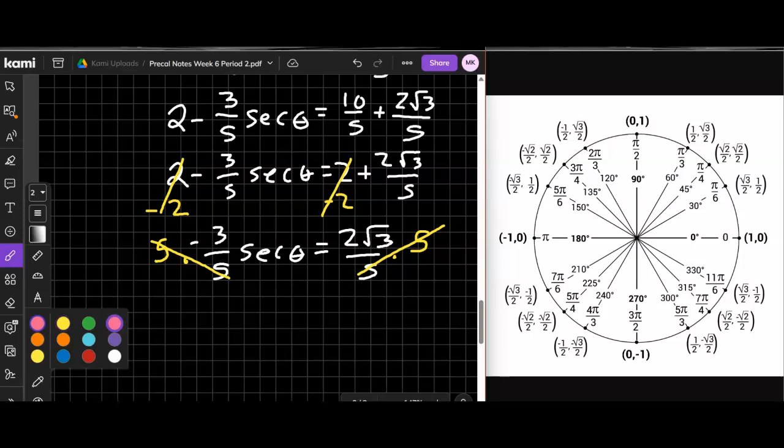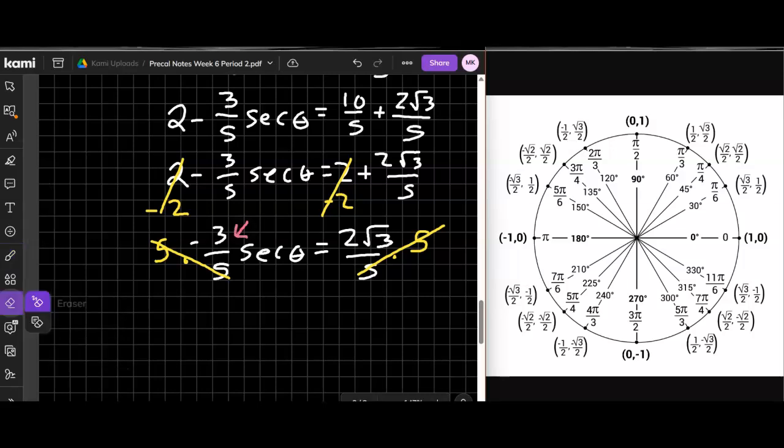But we also have that square root of 3. Well, looking at the 3 next to the secant, if we want to get secant by itself, then if we are multiplying 3 by our secant, we undo multiplication with division, so we will divide by negative 3 on both sides, which puts it on the bottom of the fraction.